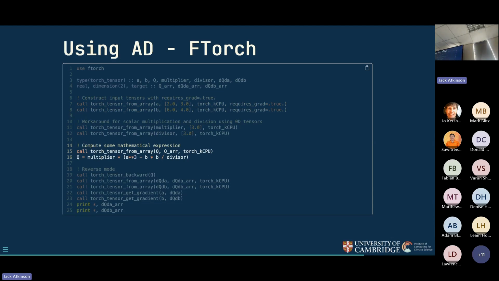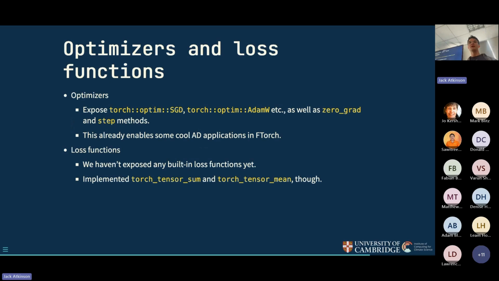These are torch tensors, but because we've got these overloaded operations, it knows it should track the gradients through those processes, creating intermediate tensors as appropriate. We've got the backward step, which generates those gradients, and then a function that will pull those gradients out if you want to look at them within the Fortran.